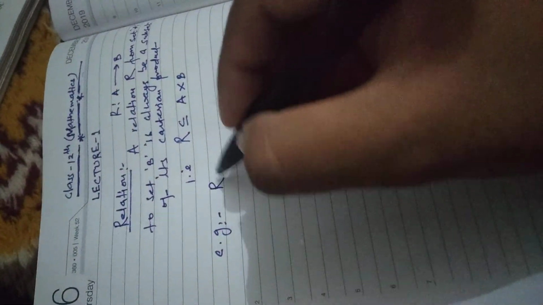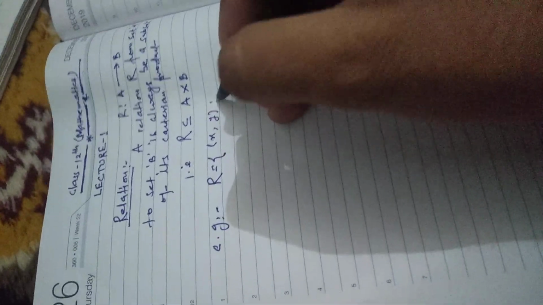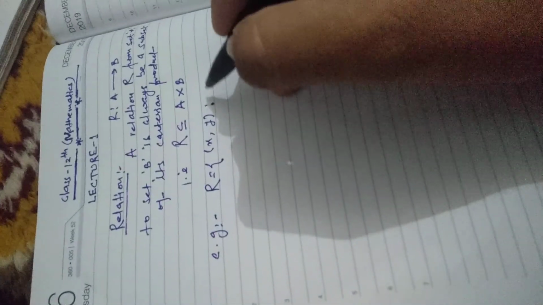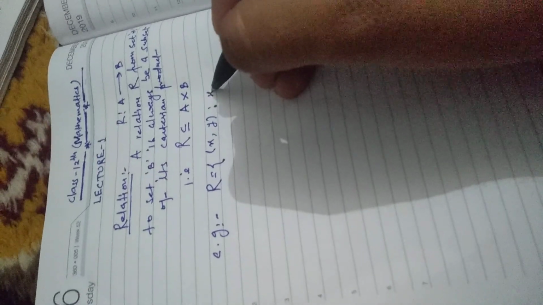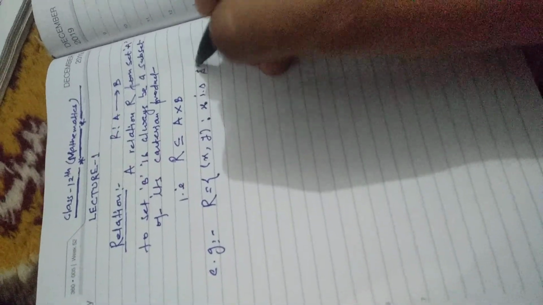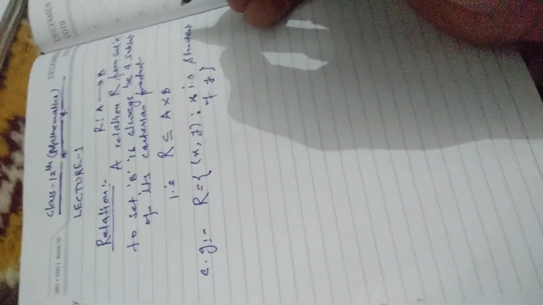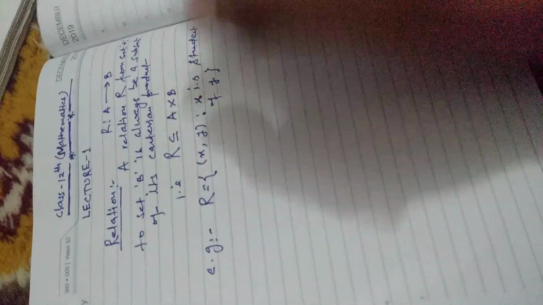So the set builder form of a relation, we can say a relation R is x comma y such that x is a student of y. This is a set builder form.